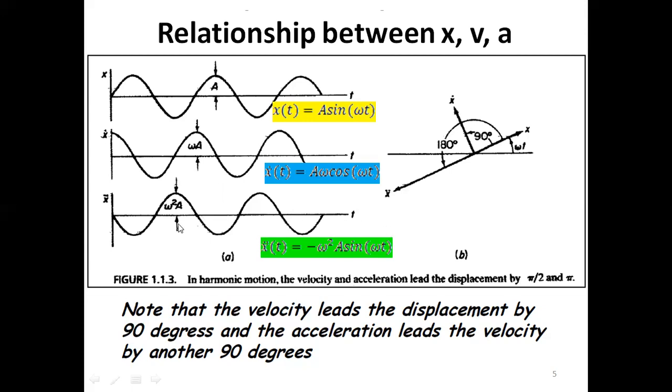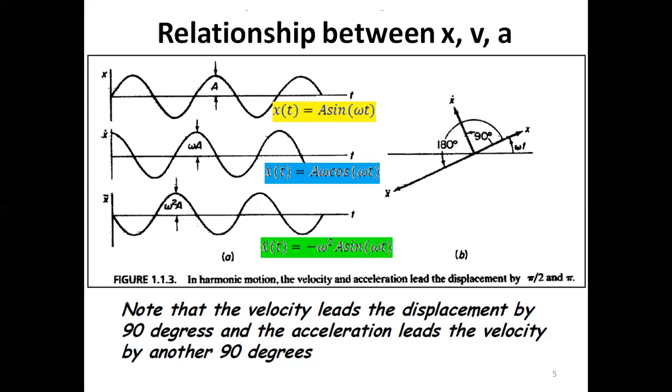If we look at these three plots and mathematical models, very simply we could understand that the velocity is leading the displacement by 90 degrees, and similarly the acceleration is leading the velocity by another 90 degrees. Or the phase difference between the displacement and the acceleration is 180 degrees, and they are out of phase.